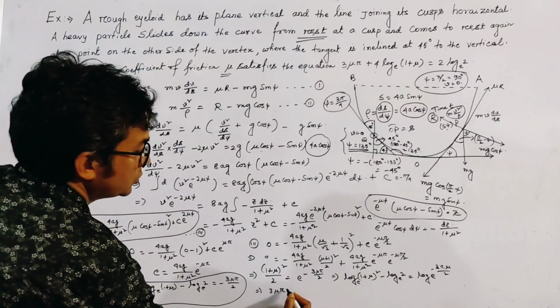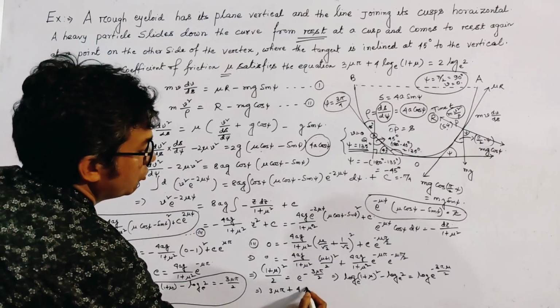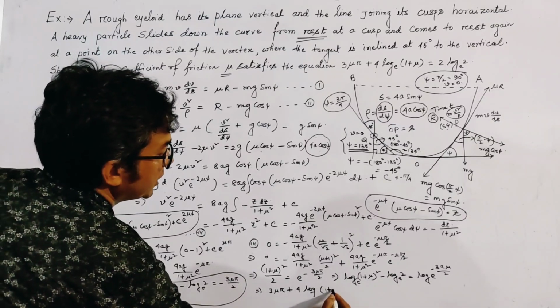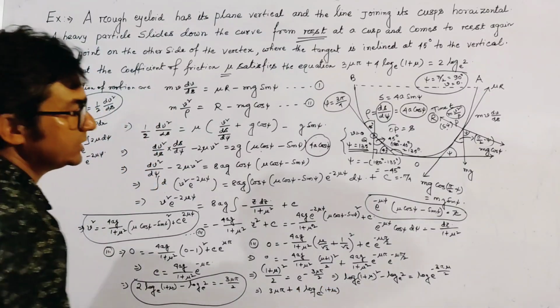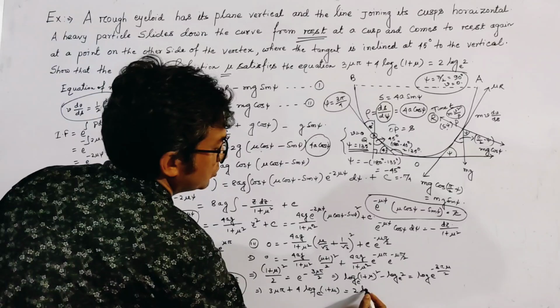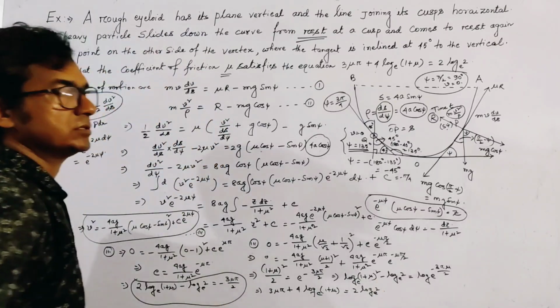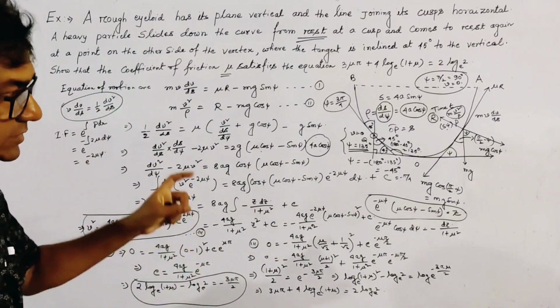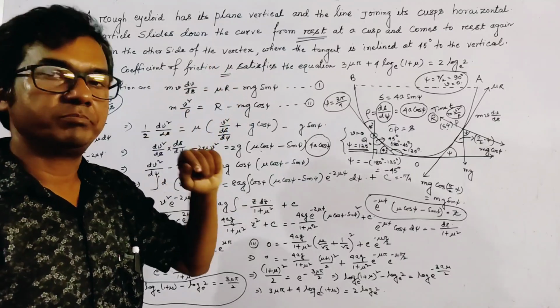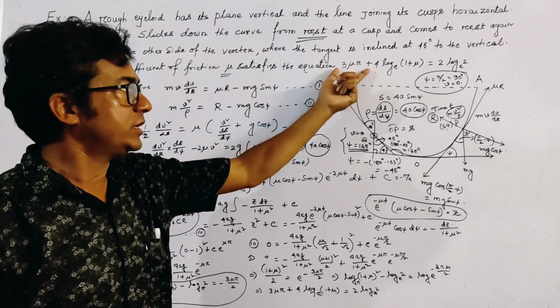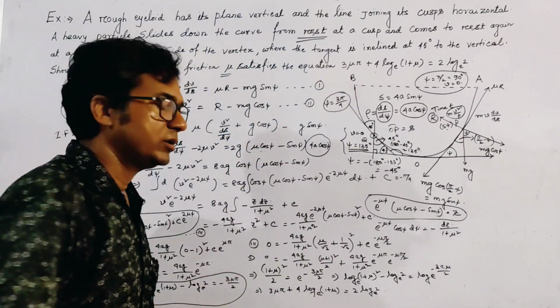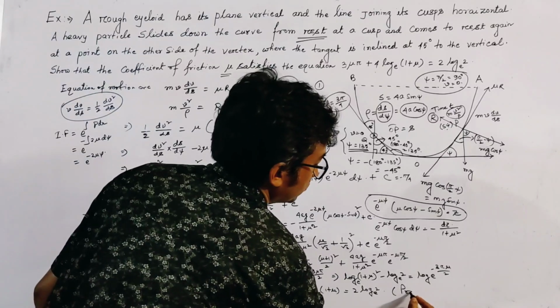This is equal to, this is plus 4 log 1 plus mu base e. This is equal to 2 into log 2 base e. Okay, this is the complete answer of this problem, and this is the required result we get here, right? And this is our proof.